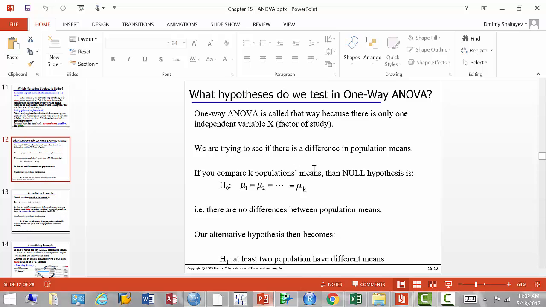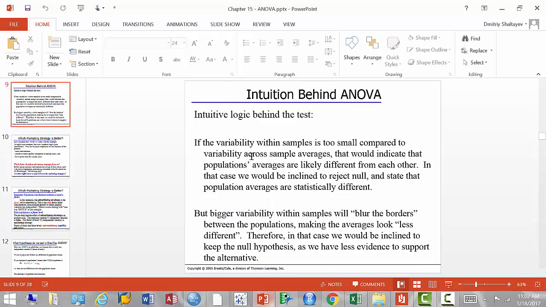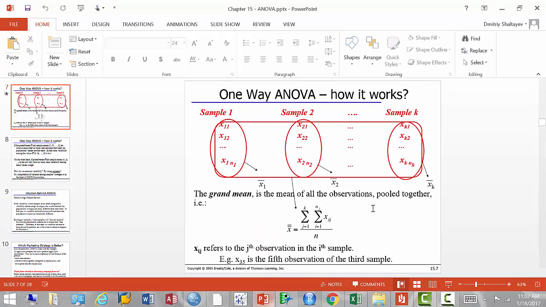And again, when we start hypothesis testing, always, what do we assume? We assume that the null is true, right? It starts with the assumption that the null is true. Same thing happens with ANOVA. So let's go back several slides, and let's take a look at this one. So if all the means are the same, null is true, right?